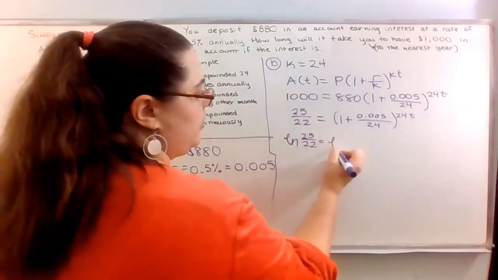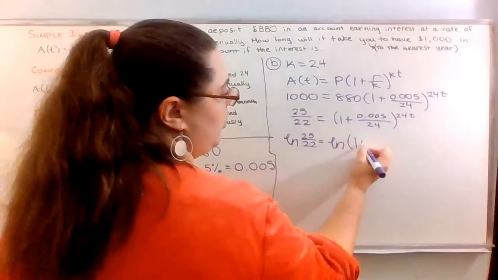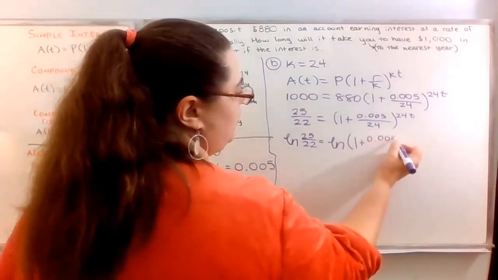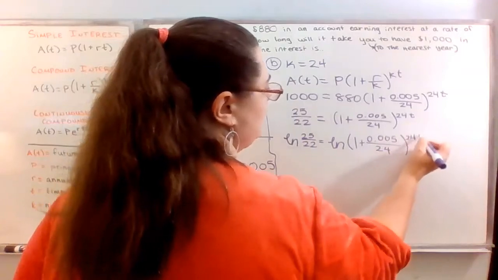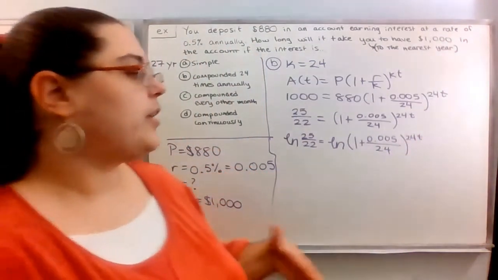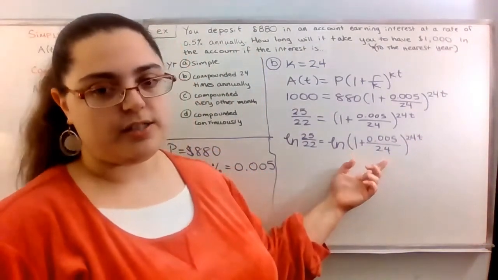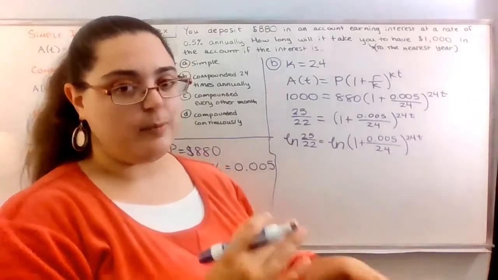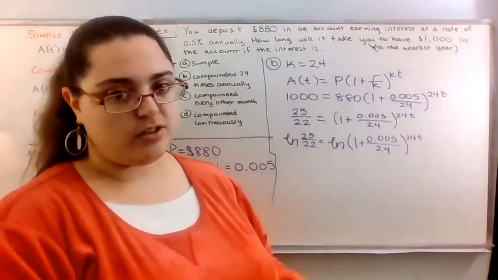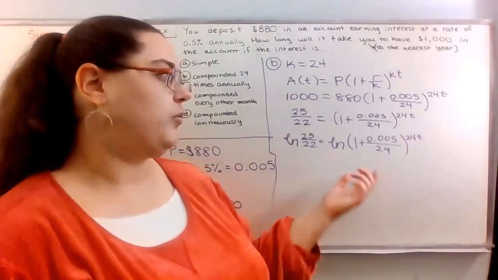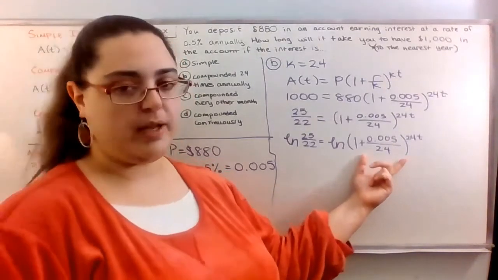And that's going to equal the natural log of 1 plus 0.005 over 24 raised to the 24t. Now, the reason I'm choosing to use the natural log here is because my calculator only does common log and natural log. So if your calculator easily does a logarithm with any base, then it would probably be easier to actually use this as your base.